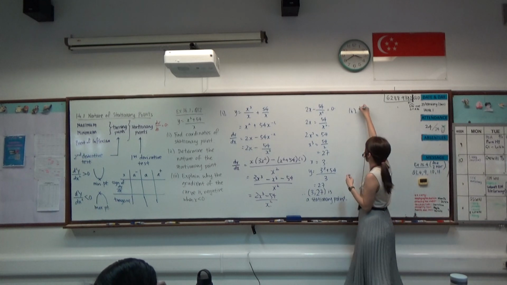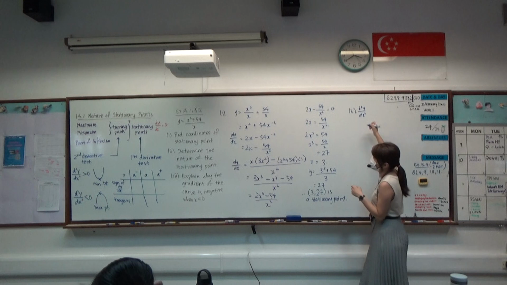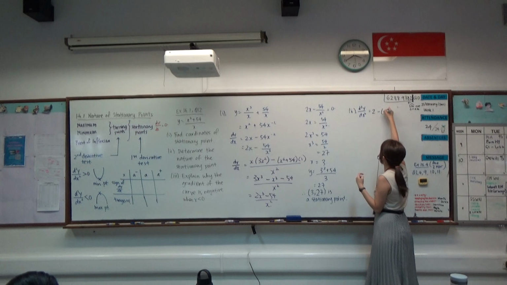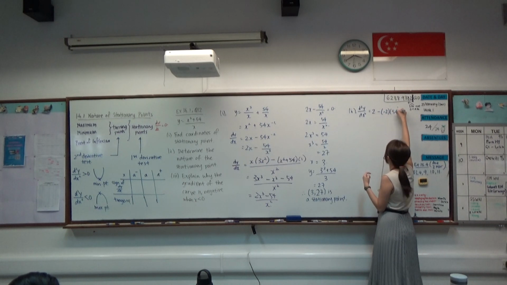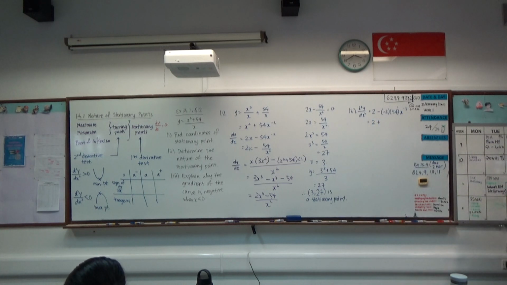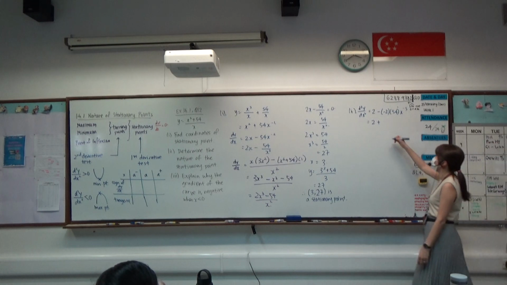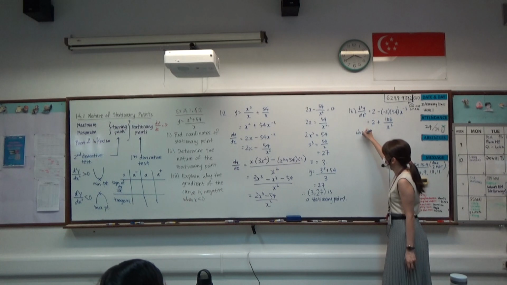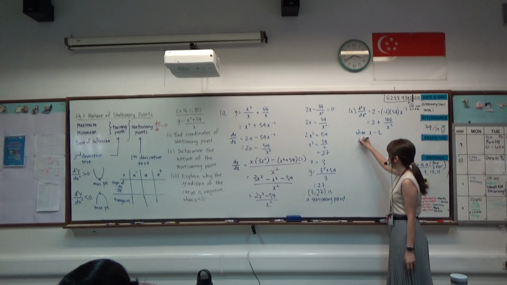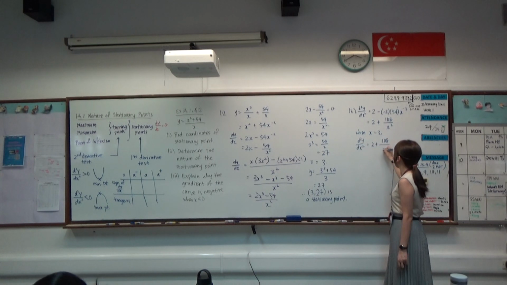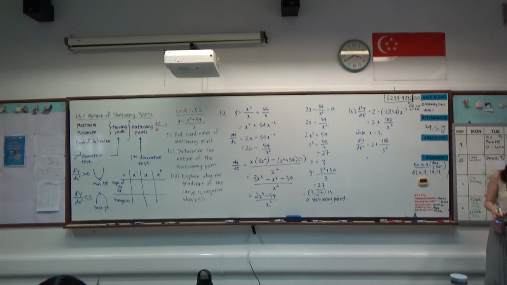So in this case, if I were to do the second derivative test, we will be differentiating this. I will get 2 minus negative 2, 54 x to the power of negative 3, so that is equal to 2 plus 108 over x cubed. So when x equals 3, the second derivative will be this value itself, which is equal to 6.